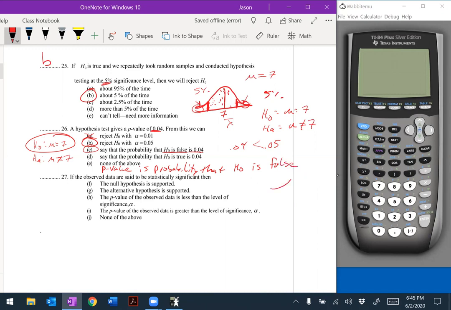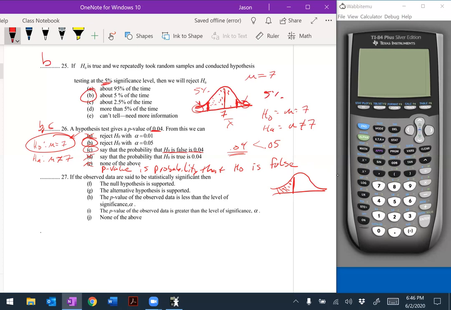Which means that if we have a large p-value, we do not reject, because that's a high probability that it's false. But if we have a low p-value, then the probability that it's false is very low, and so we fail to reject. We say that has a very low probability. And so the answers here are B and C.